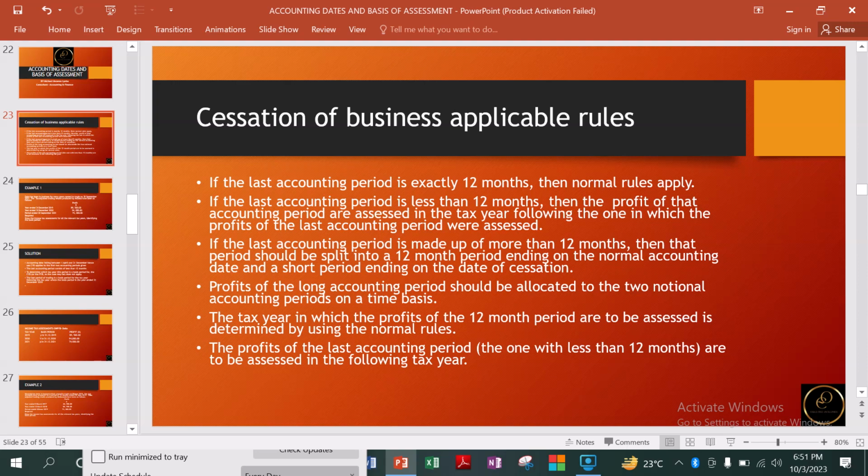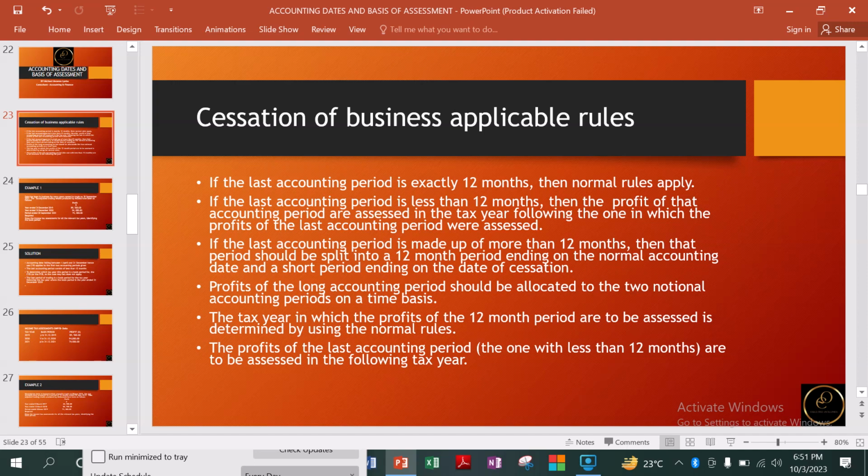If it falls between 1st April to 31st December, then you know you are going to use the current year basis. Those are the normal rules. So this point is trying to emphasize that fact. If the last accounting period is exactly 12 months, then normal rules apply.